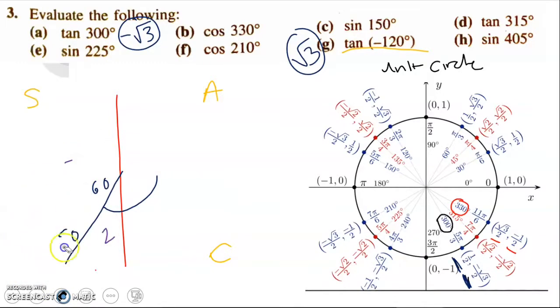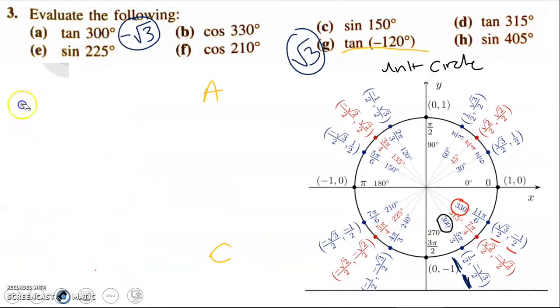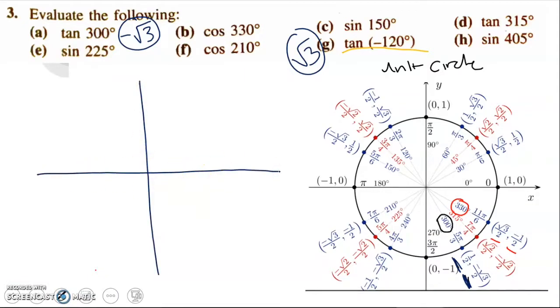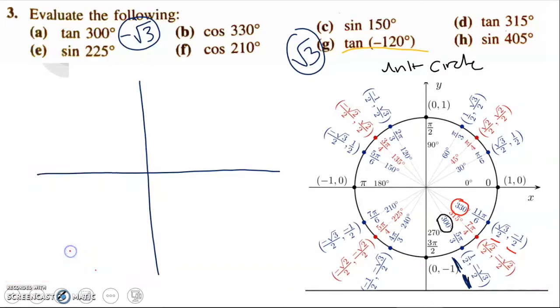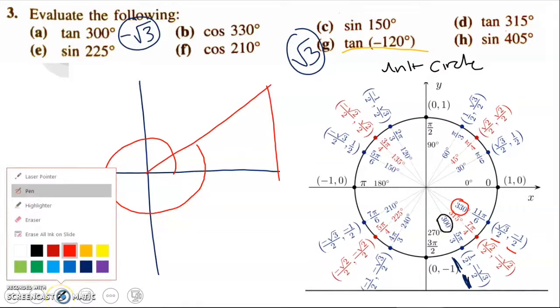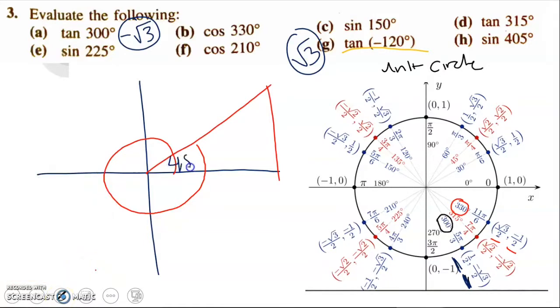Again, I can't do all these because it'll just take me all day. But just so you can get a sense of what's going on here. H. Sine 405. We're going to have to go more than one revolution. 90, 180, 270, 360, and then I'm basically going to have an angle of 45, right? I should have an angle of 45 since it went past 360. So 45.